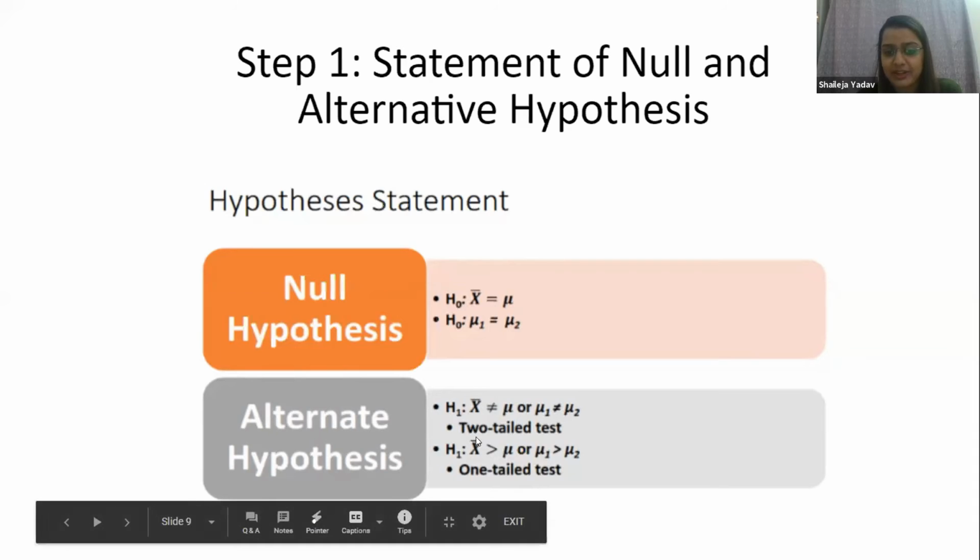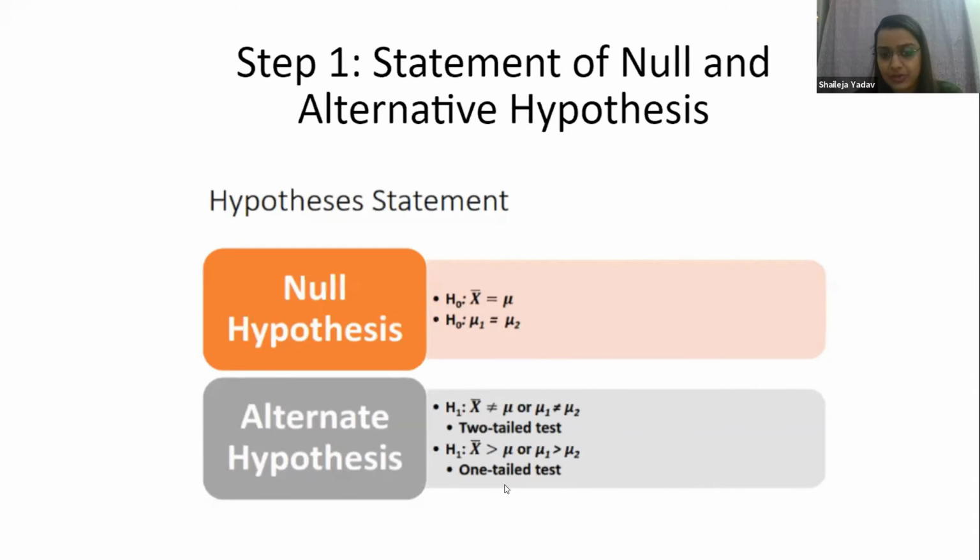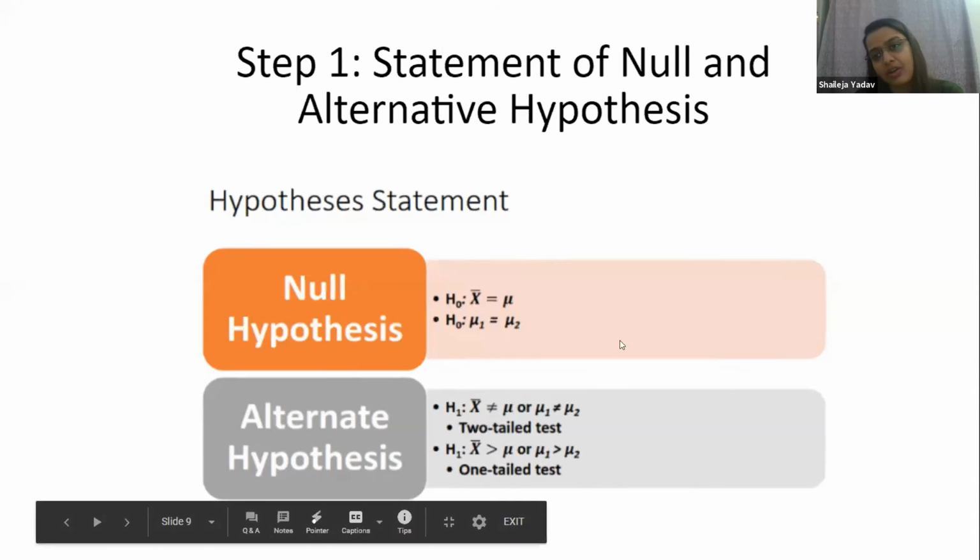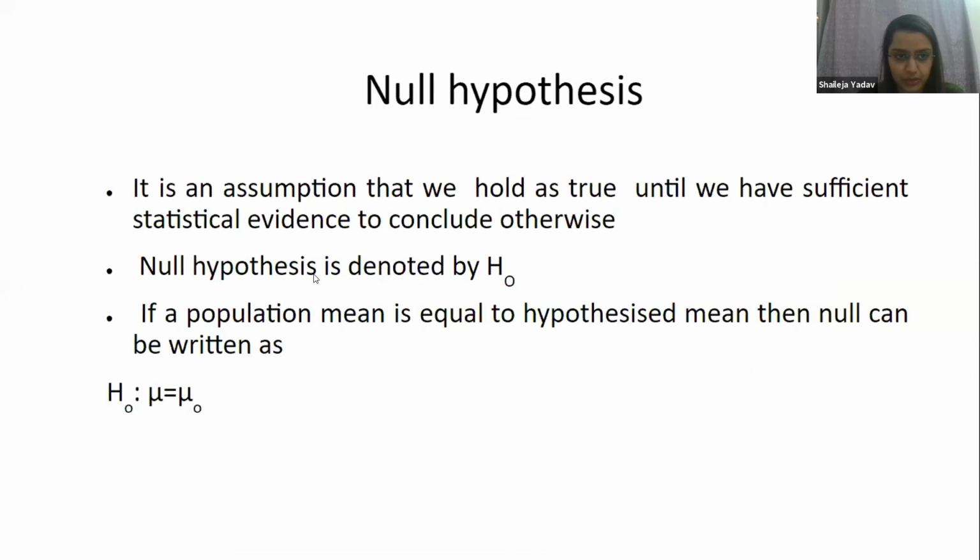Alternative hypothesis, if I'm performing a two-tailed test, will be that they were not equal. But coming to my research question, I will be choosing a one-tailed test, saying that the mean of antibodies in the population that received Covishield will be greater than the mean of Covaxin. So that is all about null hypothesis and alternative hypothesis.